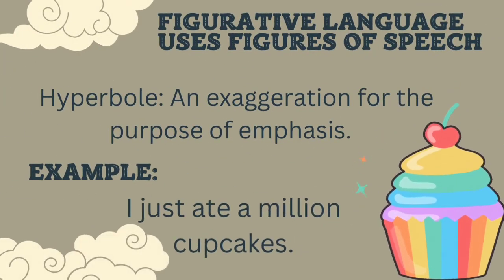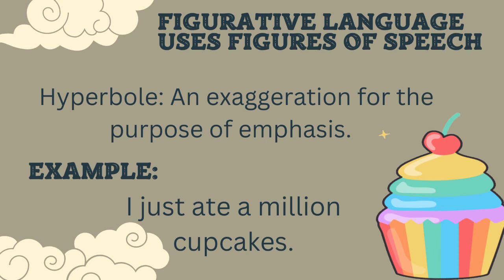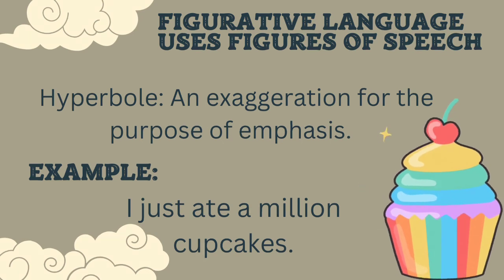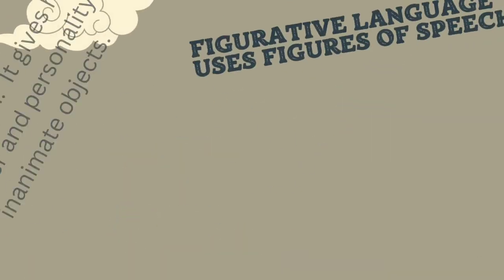We have here an example of hyperbole. A hyperbole is an old-fashioned exaggeration. For example, I just ate 1,000,000 cupcakes. It is a hyperbole emphasizing that I ate a lot of cupcakes, not literally 1,000,000. Eating 1,000,000 cupcakes is impossible for a person to do.